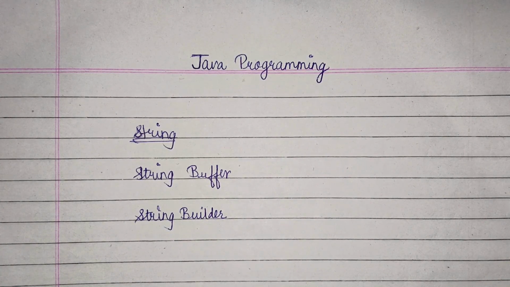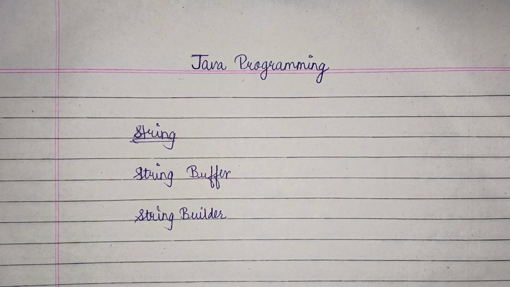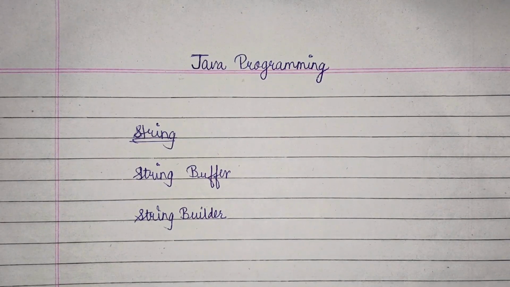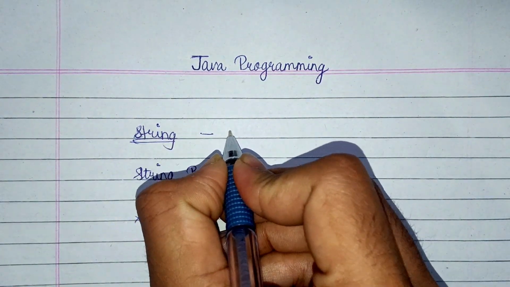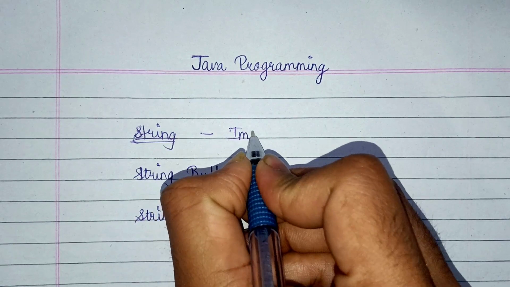In that video we discussed why strings are immutable. The first point is that the string class is immutable.